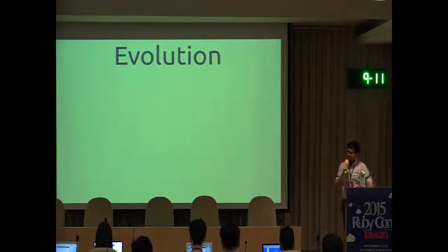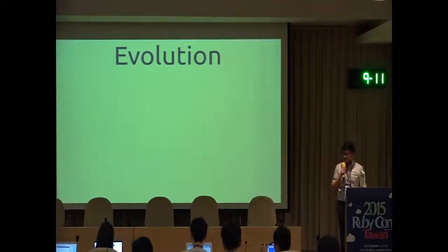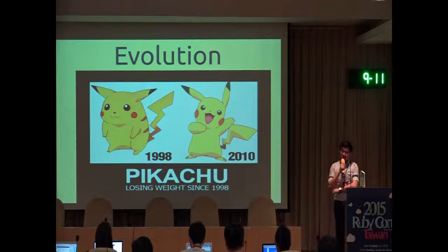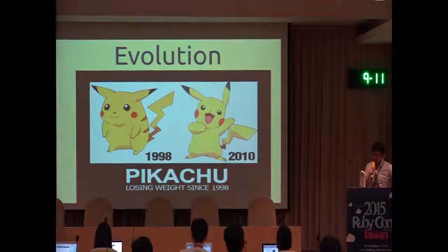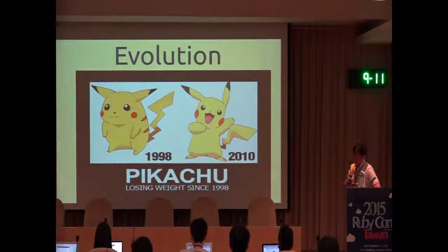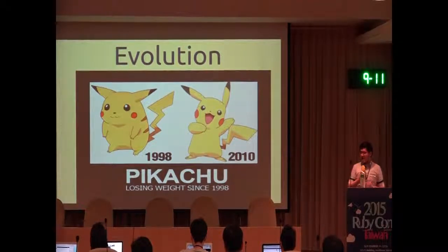And so when we talk about the word evolution, I suppose most of you share the same idea of what evolution means, right? In fact, it usually means that something is getting better and better, at least in our technology industry.